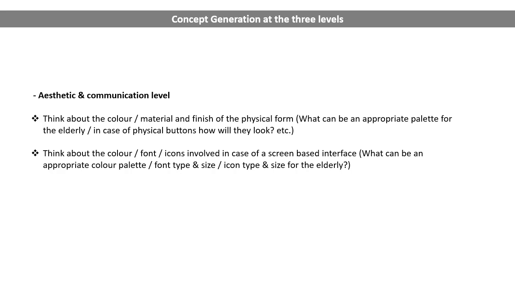Moving on, the main challenge now is finalizing your concept. The first thing is to finalize the physical form. The criterion is to see, out of all the forms you have ideated, which form the elderly person would be most comfortable with, either physically or psychologically.